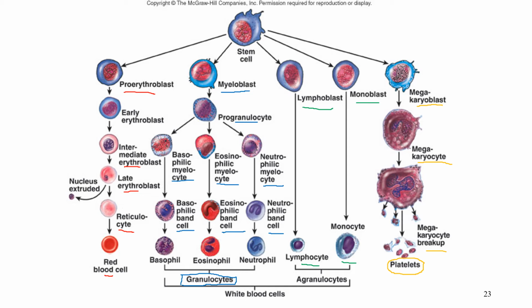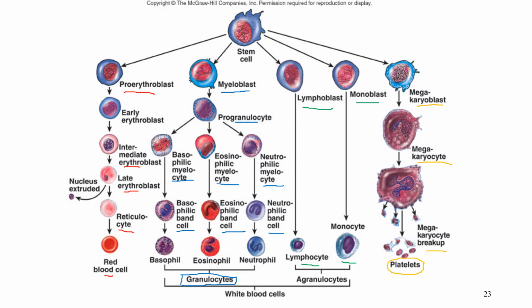And so guys, this is actually an image to remember. Please know which are the precursors of each type of blood cell. So when you say precursor, ano yung naunang type of cell niya before it goes to the developed type of cell. So for example, ang tanong, what is the precursor of a progranulocyte? So the answer would be a myeloblast. Okay? So for example, what would be the precursor of a monocyte?